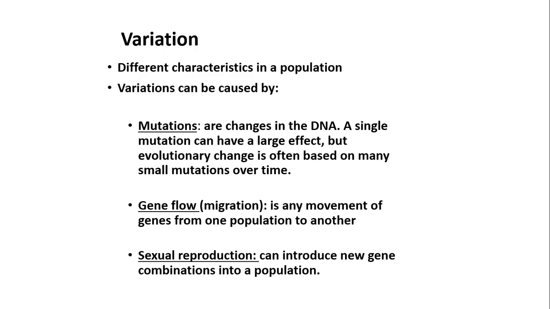That's a new gene combination occurring right there via sexual reproduction, as well as the father has his own set of genes he supplies, while the mother has her own set of genes, and those two combine to form a new trait in the population, right?